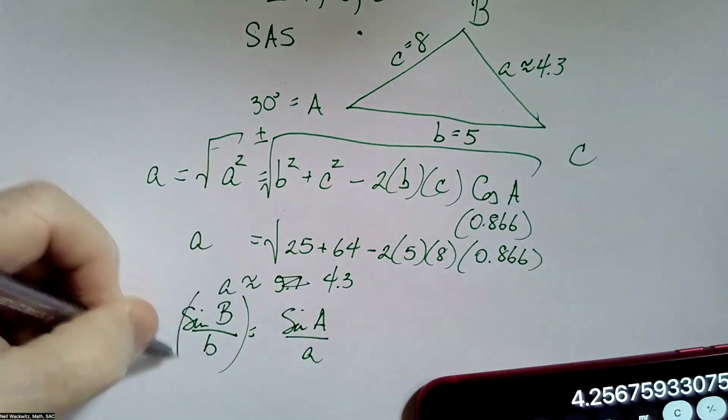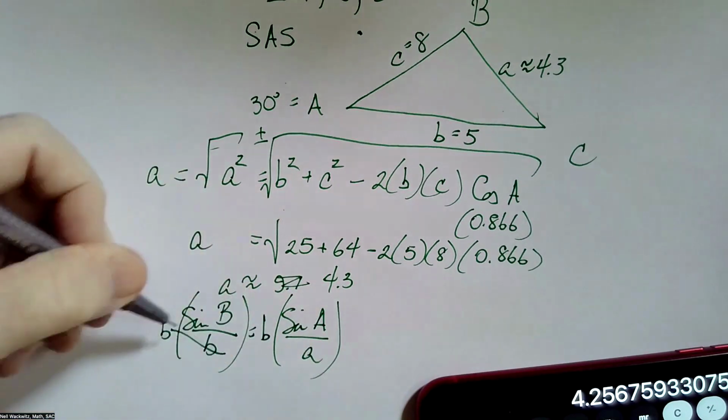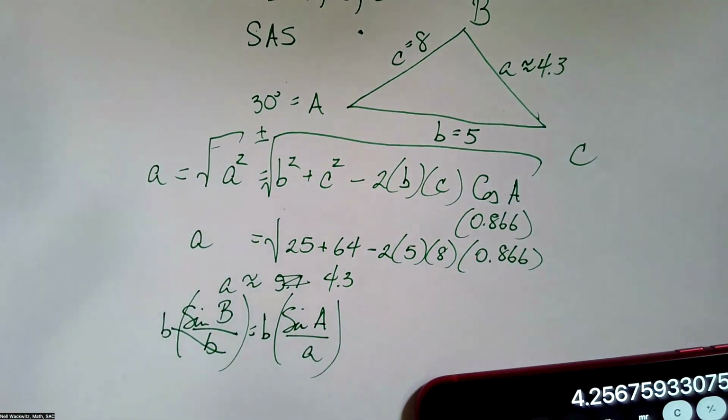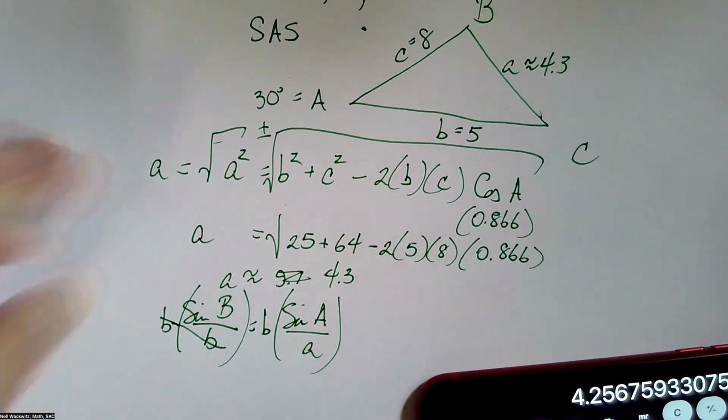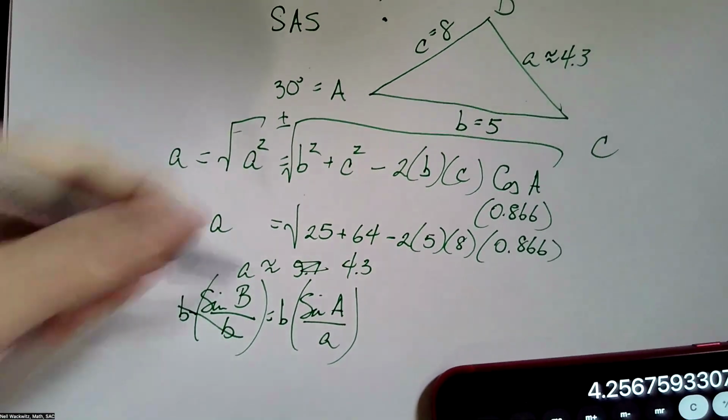And I'm going to multiply both sides by little b. In general, try to do as much algebra as you can before you plug in numbers, because once the numbers are in there, the algebra gets very complicated looking.